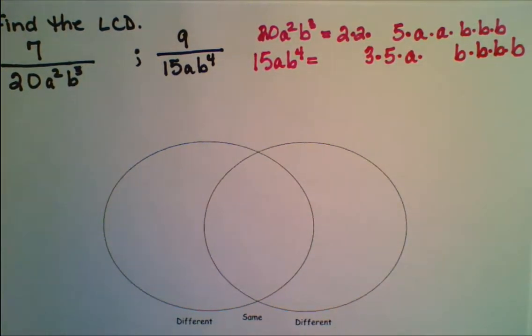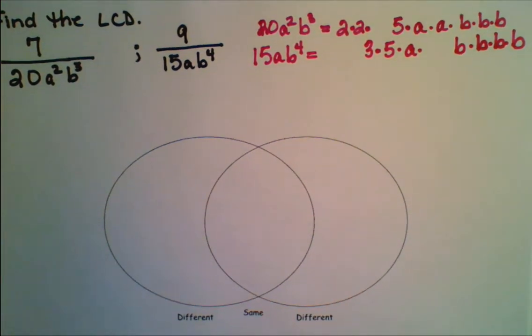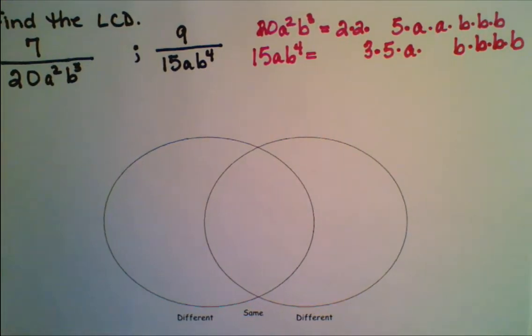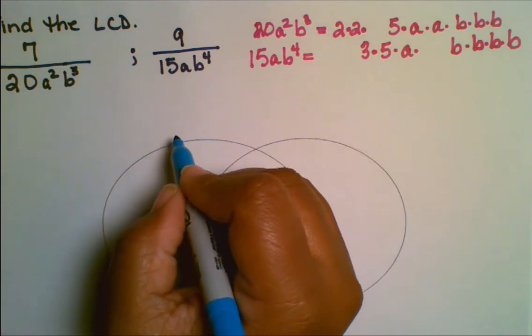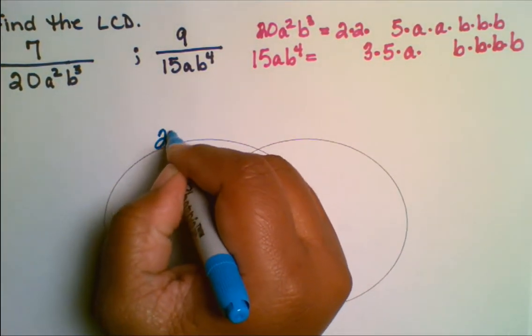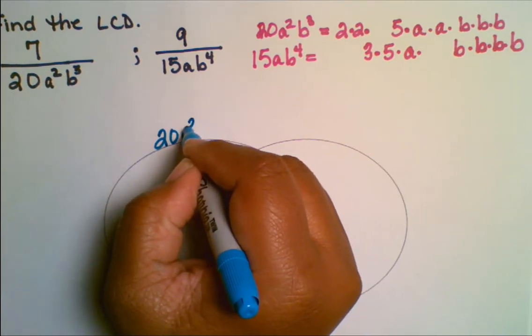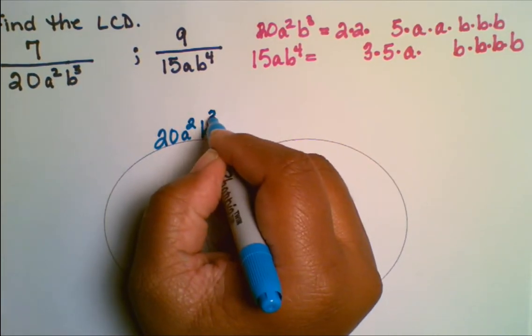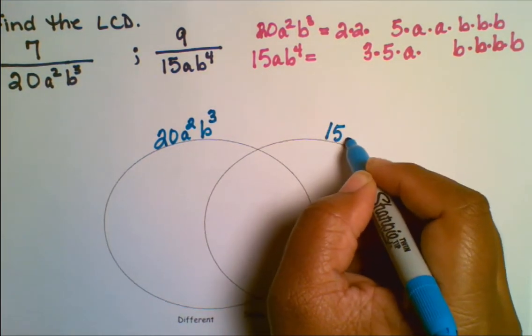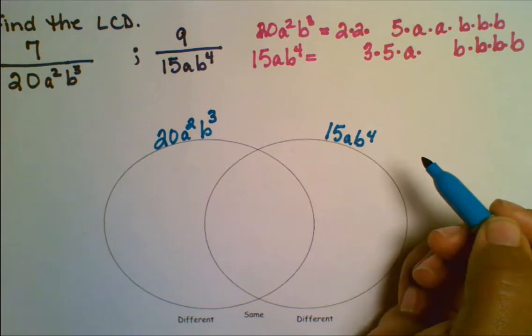So the easiest way to start off is finding out what is the same. Before we do that, let's go ahead and label the circles. Our first circle will represent 20a squared b cubed, and then our second circle will represent 15ab to the fourth.